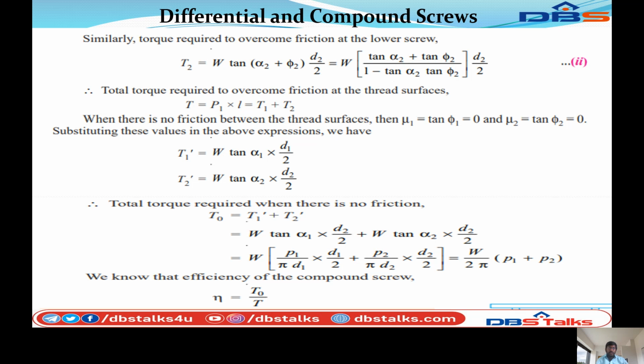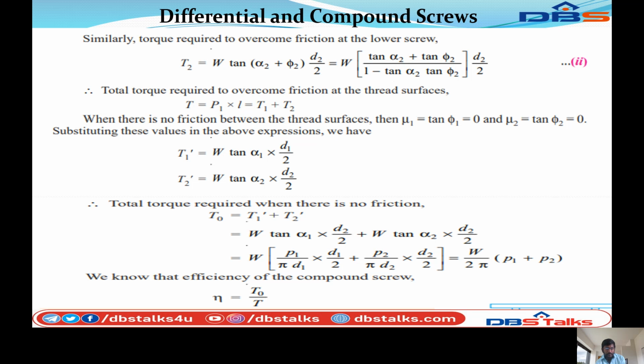So 1 by 2 is common for both, so we get W by 2 pi into (P1 plus P2). So the torque formula when no friction is applied is T0 is equal to W by 2 pi into (P1 plus P2).